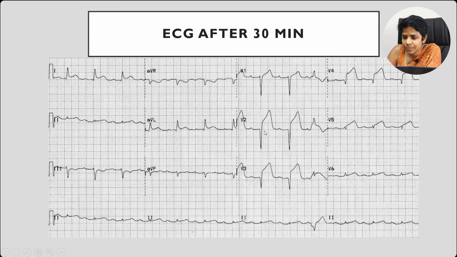Now you can see worsening of ST elevation up to V1 to V6 and L1 AVL and ST depressions in L3, which is a reciprocal change. And now the patient has full-blown extensive anterior ST elevation MI.